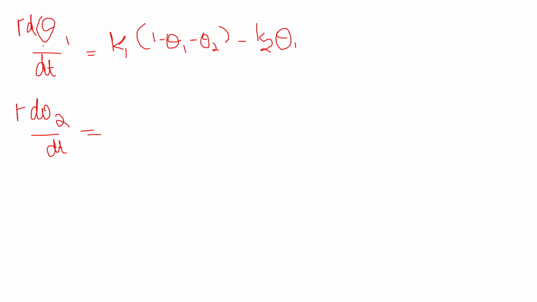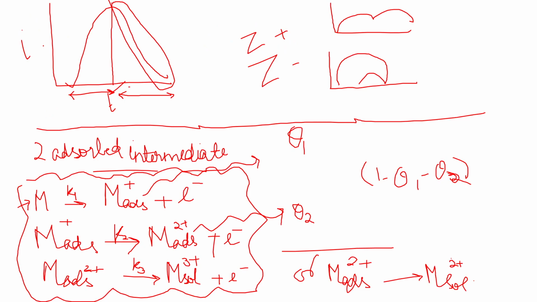When you're writing any mass balance equation, rate of formation is positive, rate of consumption is negative. The same thing applies here. MH plus is getting formed in the first step, so I will assign it positive, while in the second step it is MH plus which is getting consumed, so I'm writing minus K2 theta 1, correct? So please tell me how it will go for the MH2 plus species. I hope then your doubt will be clear.